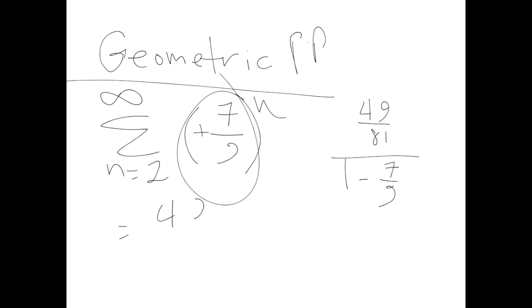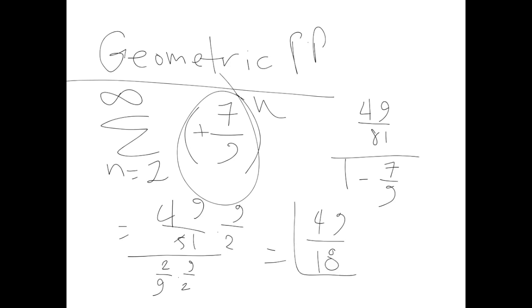So we have 49/81 over 2/9, times 9 over 2, times 9 over 2. We should end up with 49/18 after we do some algebraic canceling. Cool. Geometric are very straightforward. We want to make sure we understand these because geometric series come up when we look at power series again.